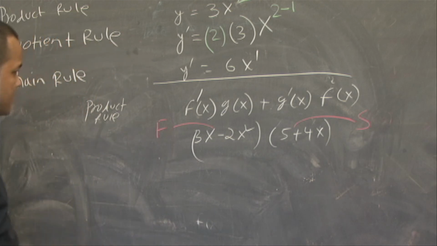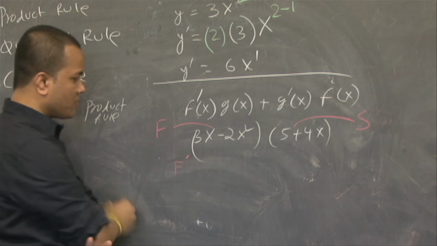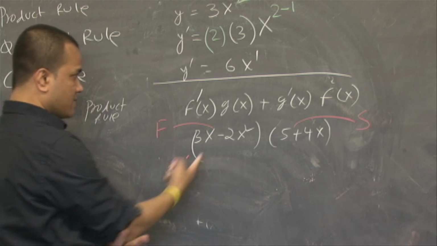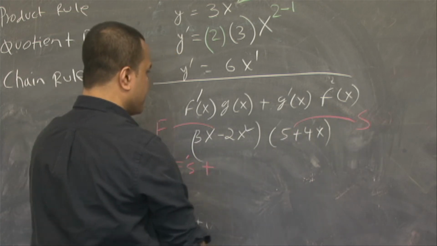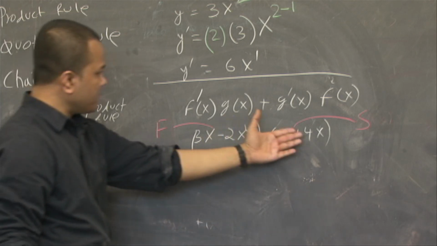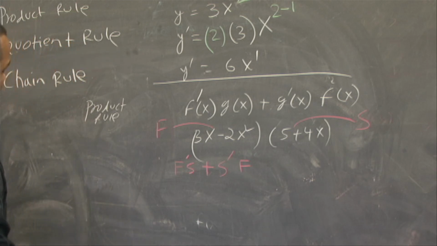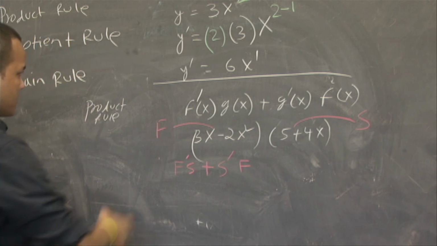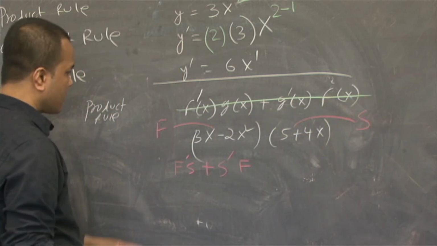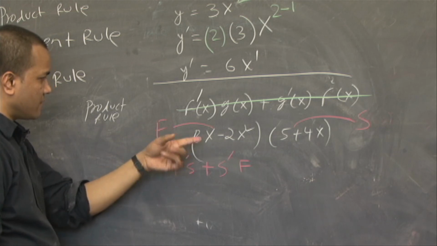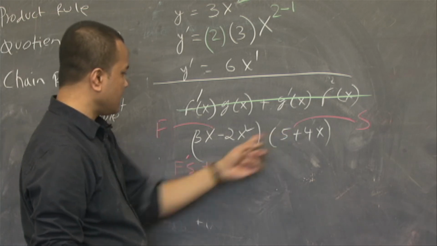So the chant we're going to use is derivative of first times second, plus derivative of second times first. We don't need to use this fancy notation. I'm going to cross it out as long as we get our math correct.